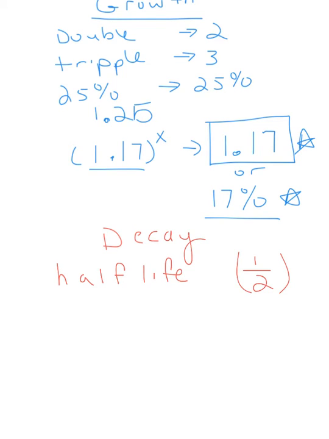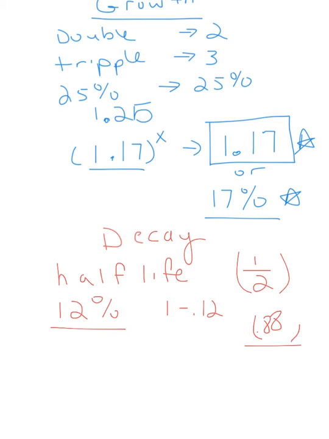Okay, if we were decreasing by 12%, this would be a decay factor of 1 minus 0.12, which would make the b 0.88.